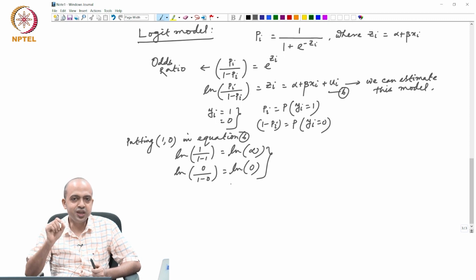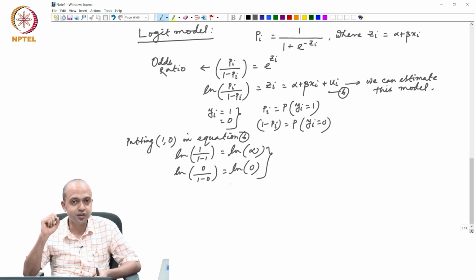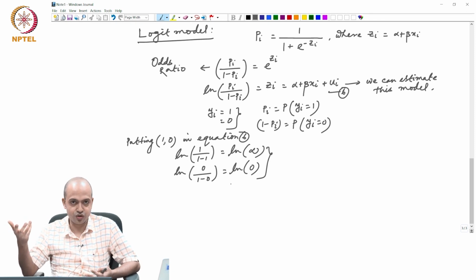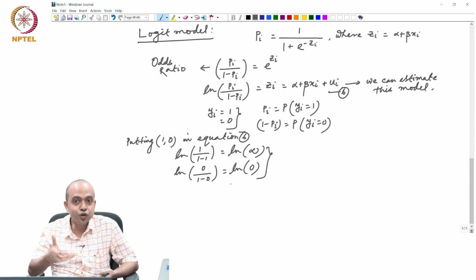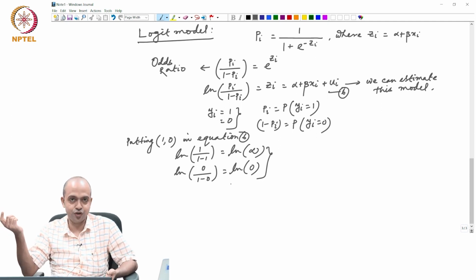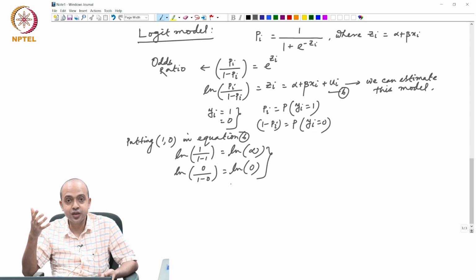Why? Because here we are thinking that pi is equivalent to yi, but that is not the case. Pi indicates the probability, which lies between 0 and 1, but what you observe is the realization. Some people have owned a car, that is why you put 1, and some people do not have a car, that is 0. That is the realized thing, but the probability of owning a car is unobserved.